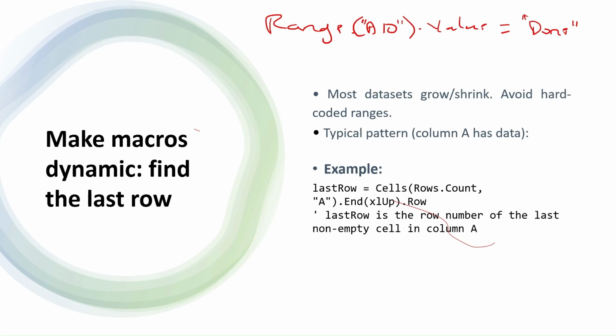You are saying that you need to replace the value at cell A10, cell address A10, by something called done. Here you are assuming that you know that the last row is 10, and that's why you put done or something like that. Just an example. You are putting a value and you assume that it is 10, or you know that it is 10.